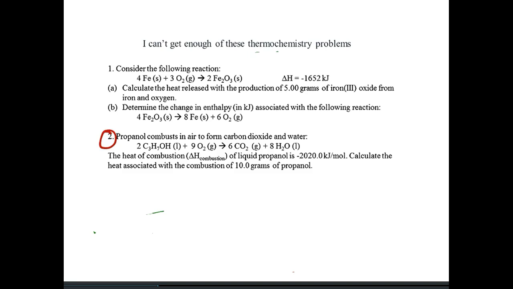So here we know that the heat of combustion of liquid propanol is negative 2020 kilojoules per 1 mole of propanol. So not as the reaction is written with 2 moles, but per 1 mole. So it's already been converted into kilojoules per mole for us. Calculate. So we have 10 grams of propanol. We need to convert that into moles.